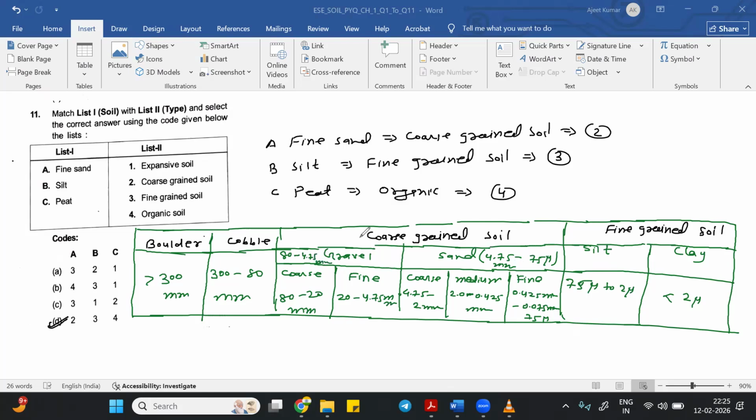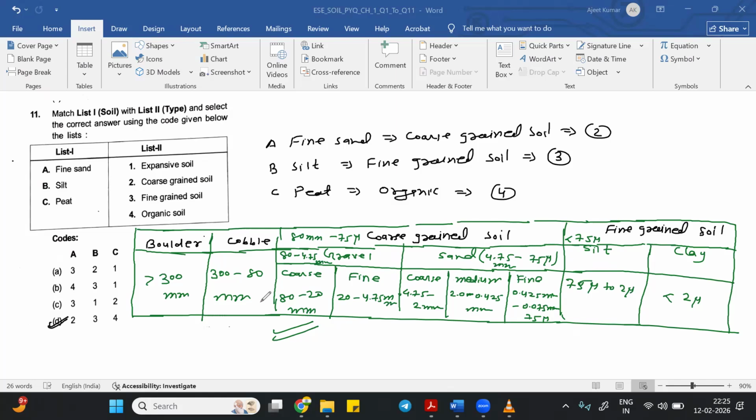So coarse grained soil ranges from 80 mm to 75 micron, and fine grained soil is less than 75 micron. Cobble is 300 to 80 and boulder is greater than 300. So this is the classification on the basis of size.